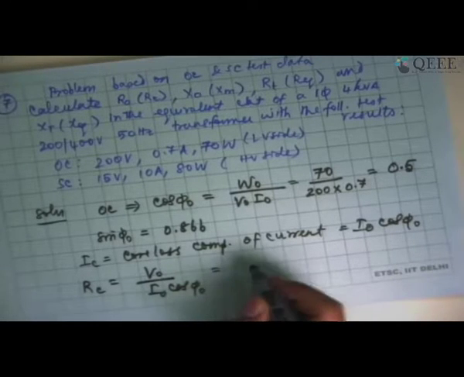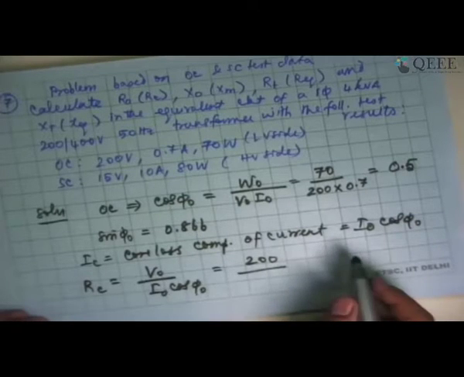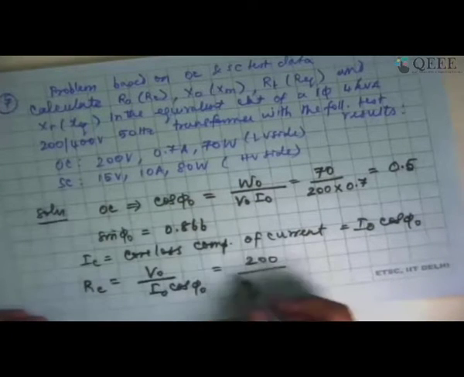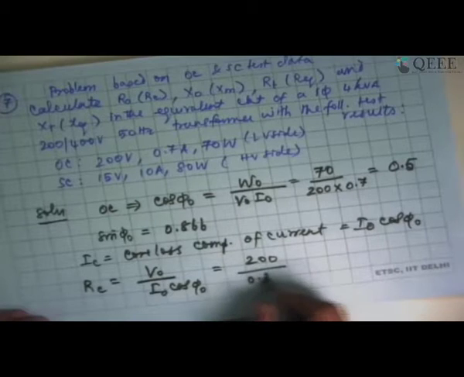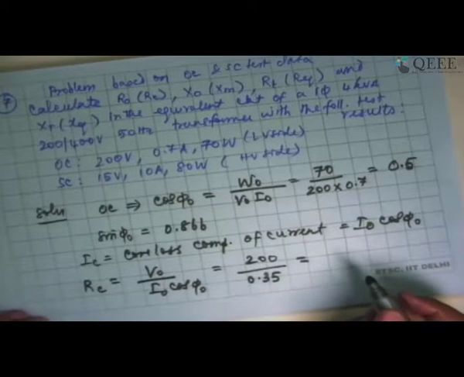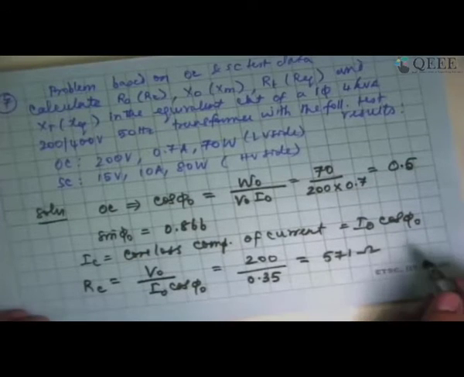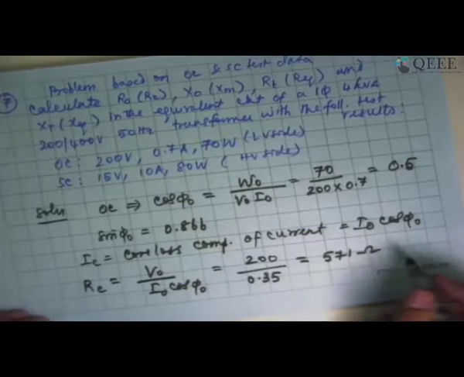V naught is 200, and I naught is 0.7, so this is 0.35. So 200 by 0.35 is going to be RC. Okay. So I think RC comes out to be 571 ohms. Just check it up. I could have made a mistake.